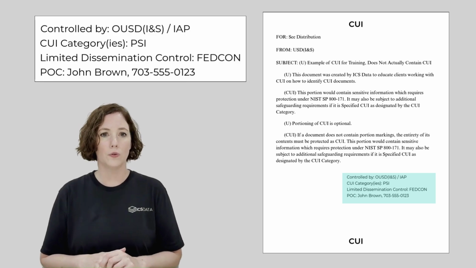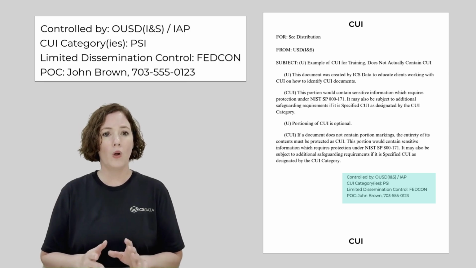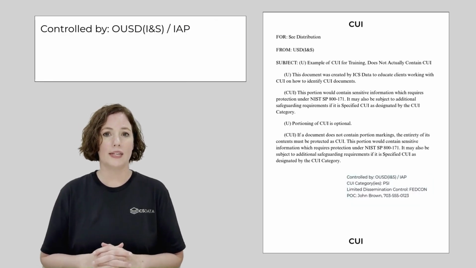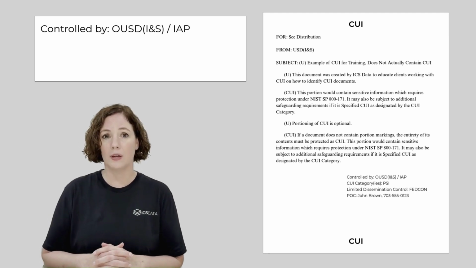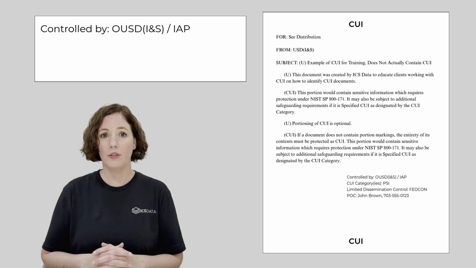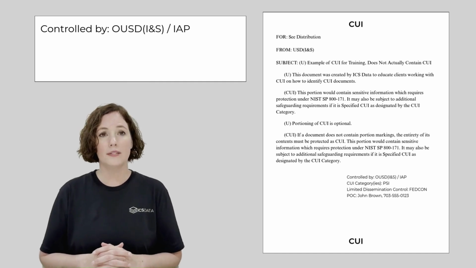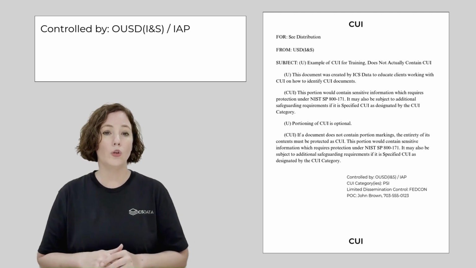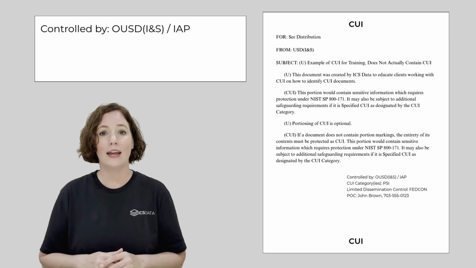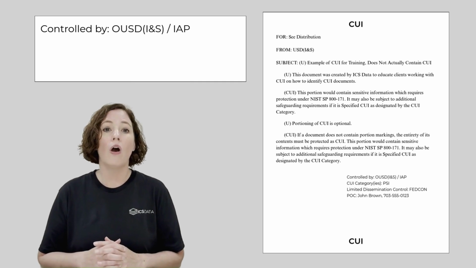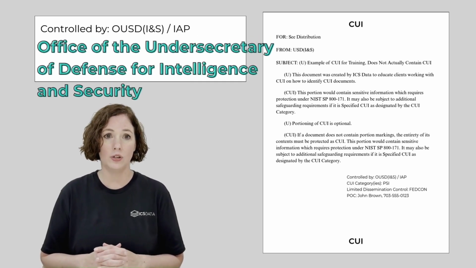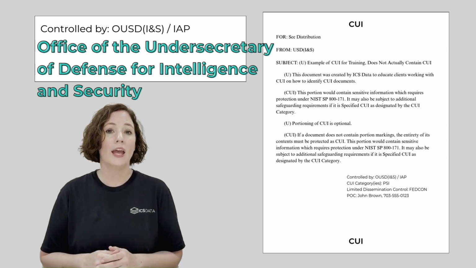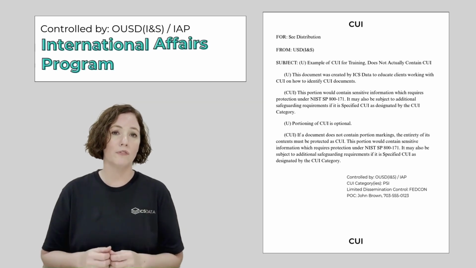This block includes: number 1, the controlling organization, which may be the DoD component, contracting company, or any other organization authorized to create CUI, and the specific office or division. For example, OUSD INS IAP refers to the Office of the Undersecretary of Defense for Intelligence and Security as the organization, and the division is the International Affairs Program.